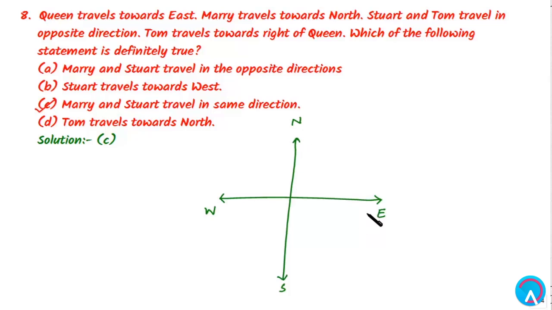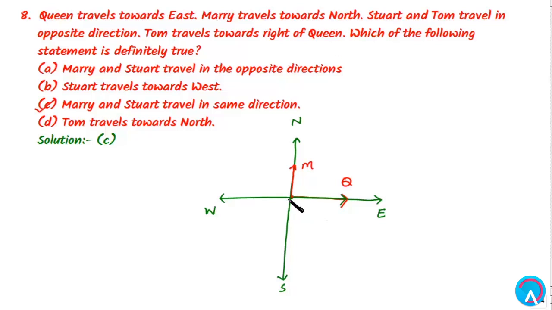Let's draw a north, south, east, west diagram and solve the question. So it is given that Queen is traveling towards east. So that means Queen is moving in this direction. Let me show with a different color. Queen is moving in this direction. So this is Queen. Mary is traveling towards north. And it is given that Tom travels towards right of Queen.